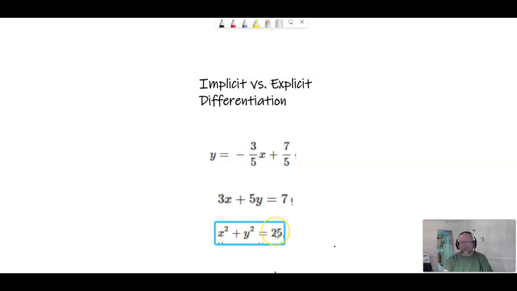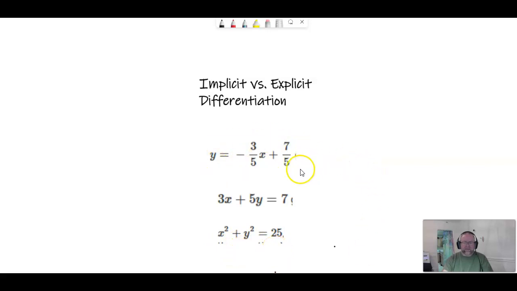We'd have to subtract the x squared from both sides, and then take the square root, and we'd be given two equations. So something like this, which is the formula for a circle, we would more than likely want to use implicit differentiation, where we go through and do each term separately.